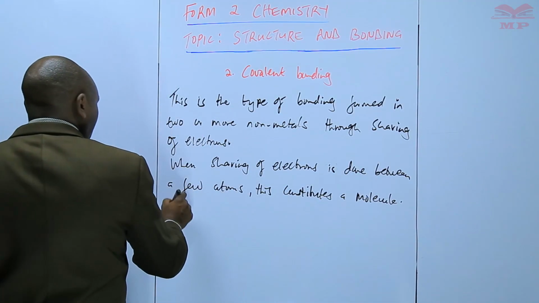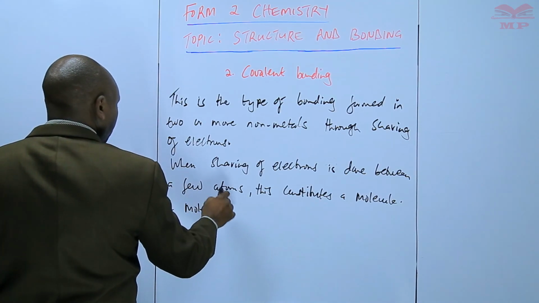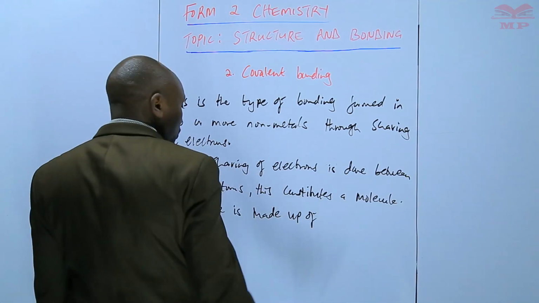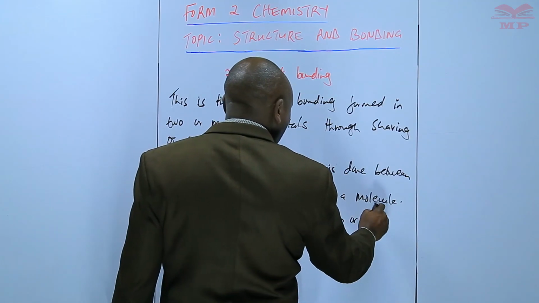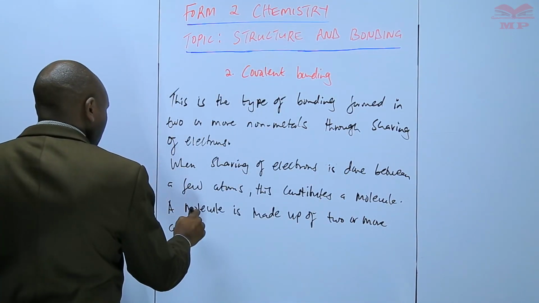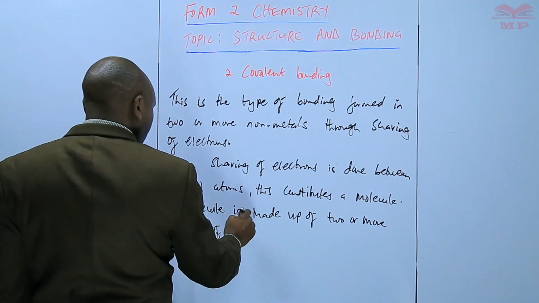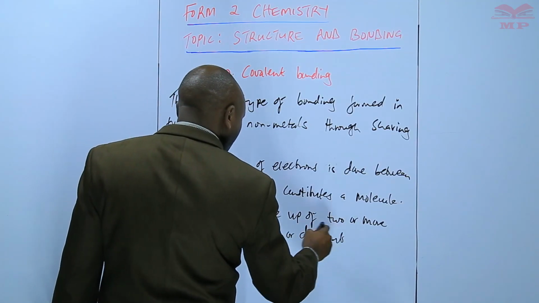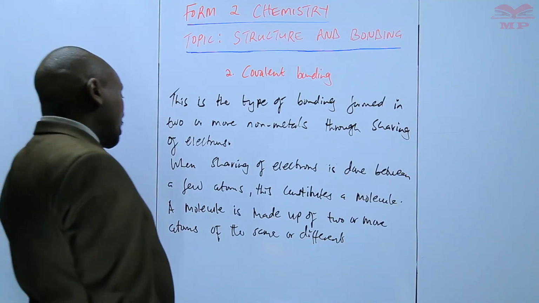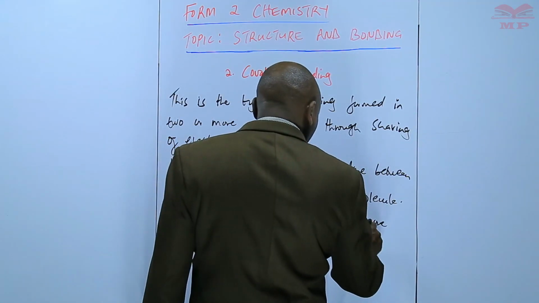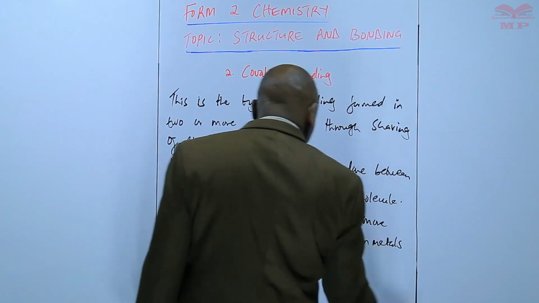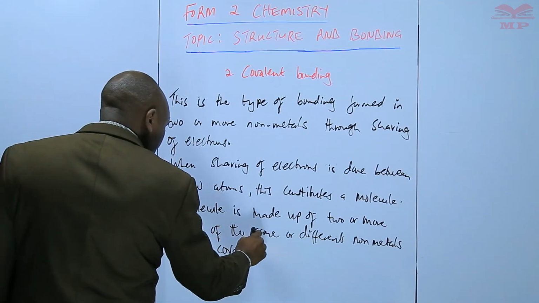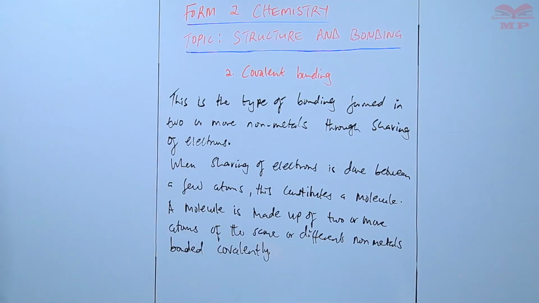So we can even define a molecule and say that a molecule is made up of two or more atoms of the same or different nonmetals bonded covalently, or having covalent bonds between them.